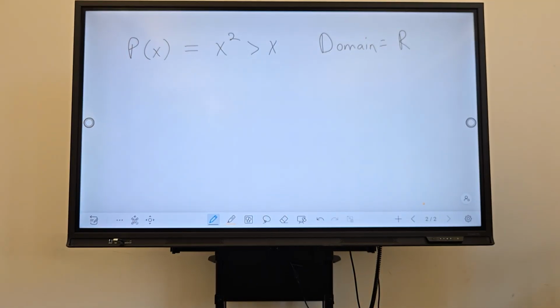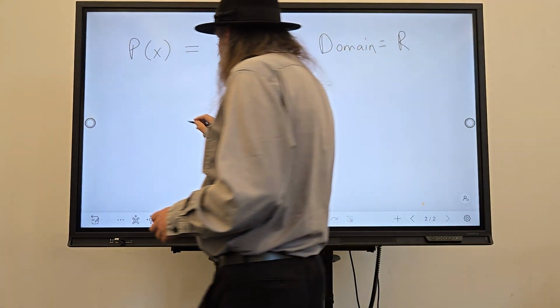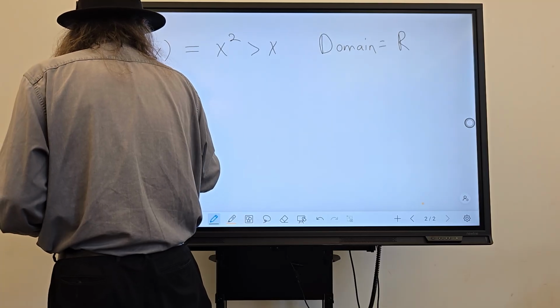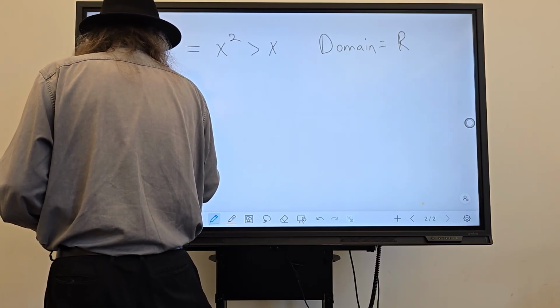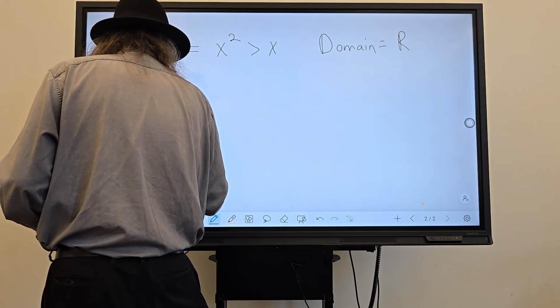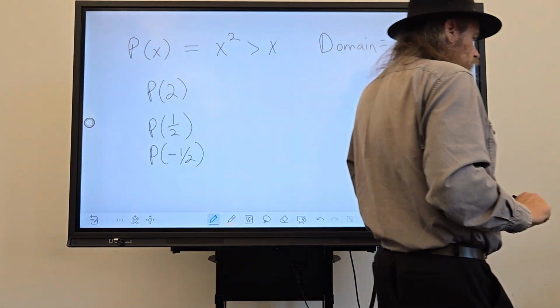Which of the following are true? P of 2, P of 1/2, P of minus 1/2. Which ones are true?